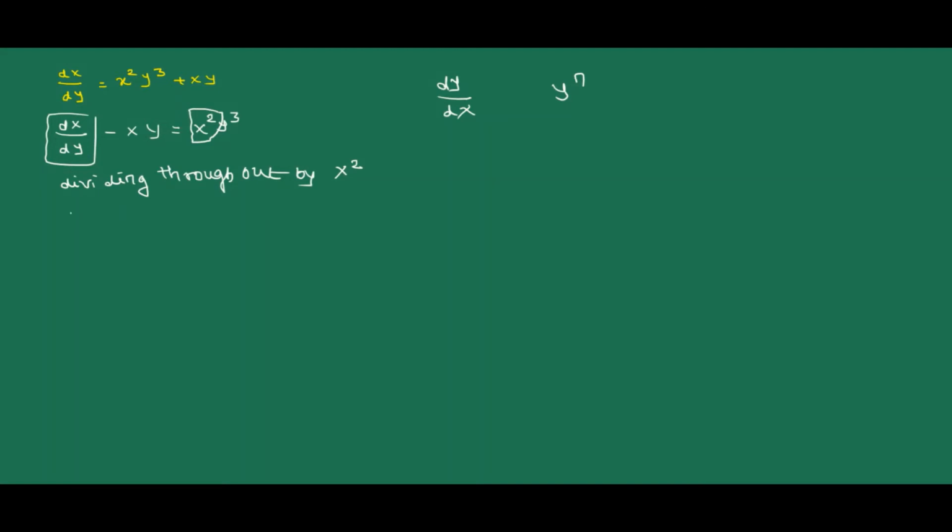If we divide throughout by x square, we get 1 by x square into dx by dy minus y by x is equal to y cube. Now here put minus 1 by x is equal to t and simplify.